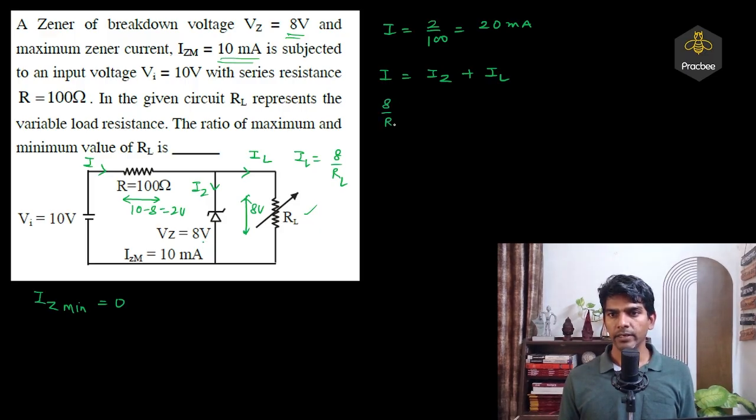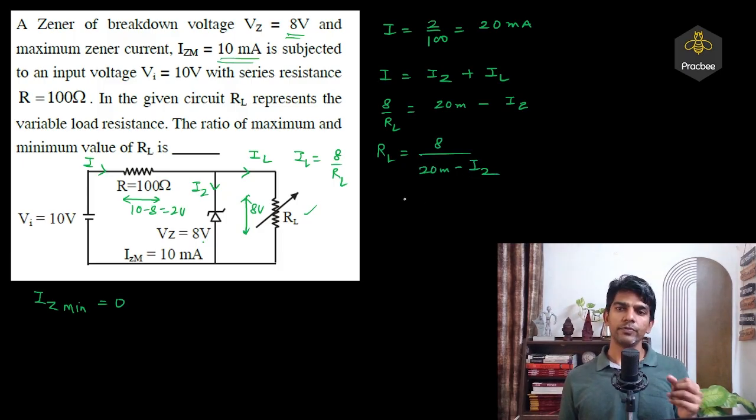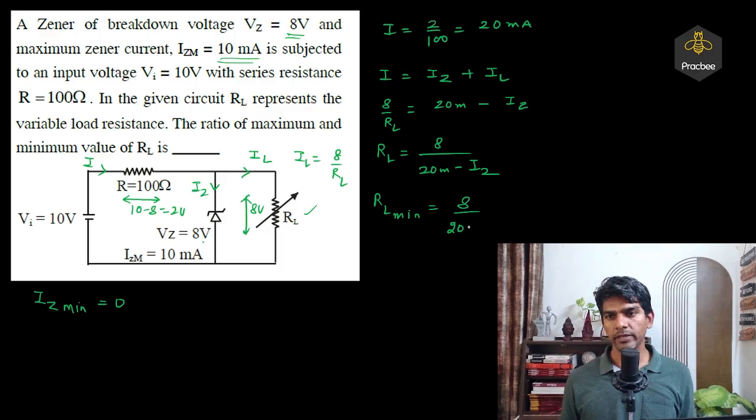So 8 by RL will be equals to 20 milli minus Iz, or we can say RL will be 8 over 20 milli minus Iz. So if I want to find the maximum value of RL, denominator should be minimum, and it will be minimum when Iz is maximum, right? So RL minimum will be 8 over 20 milli minus 10 milli. So that comes out to be 8.